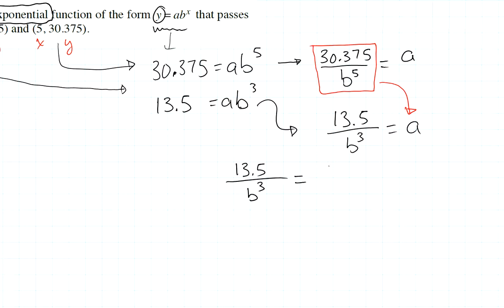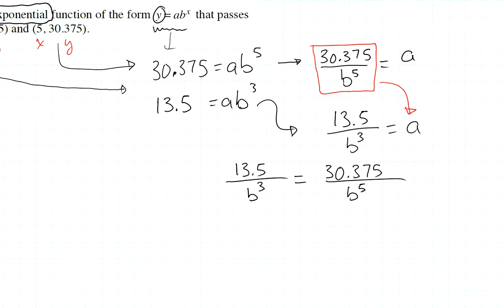A is equivalent to 30.375 divided by b to the 5th. And we can do that not because of magic, but because these are equivalent to each other. So I'm replacing something that's equal to a.